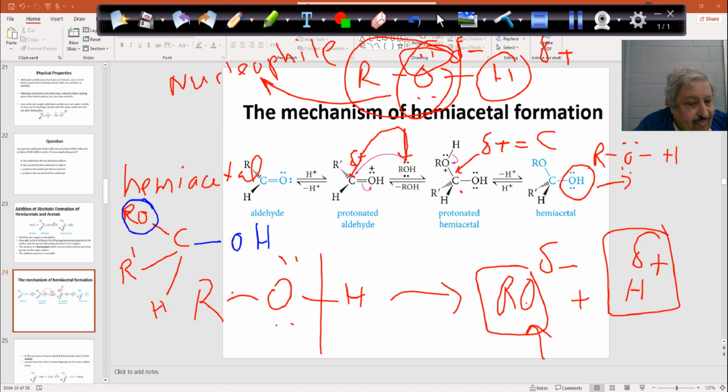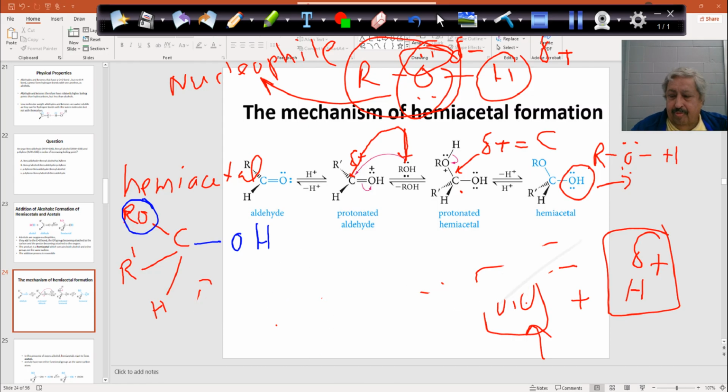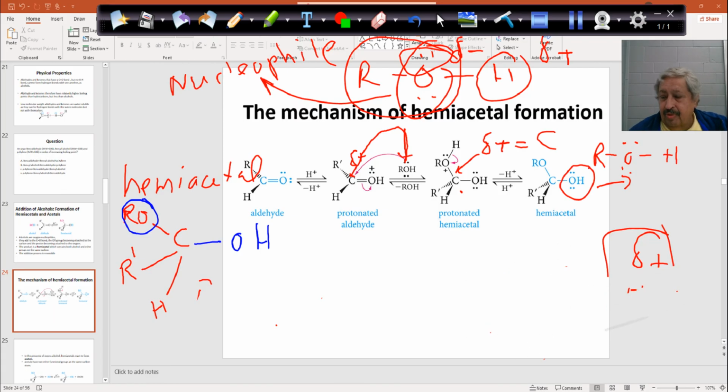Now if I have a full acetal, I have to take this one out, then the full acetal will look like this, the general formula. So the C with RO, correct?